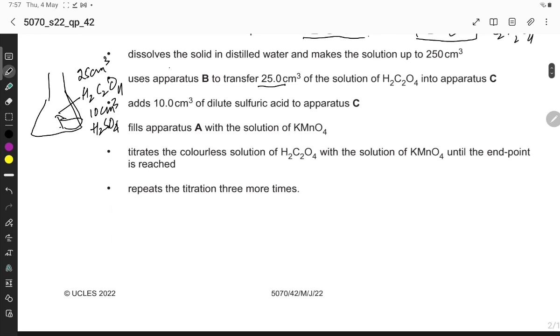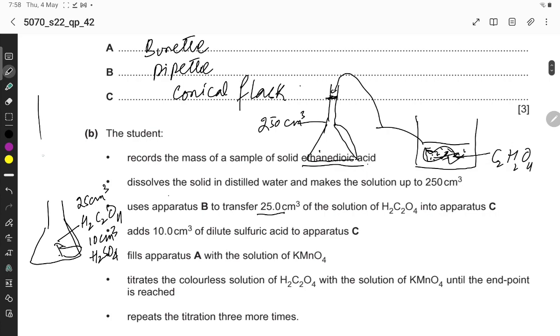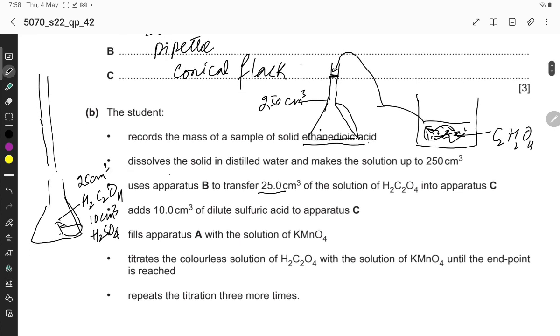Fills apparatus A with the solution of KMnO4. Now in the burette, KMnO4 will be taken. This is the burette, and now the reaction is going to start.